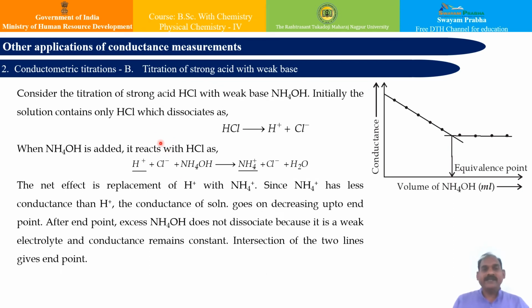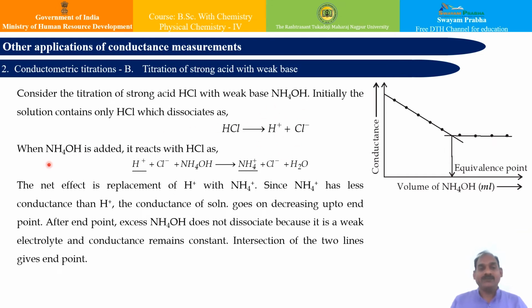Now, secondly, the next type of titration is the titration of a strong acid with a weak base. The acid is strong, but the titrant we are using is a weak base. So consider the strong acid HCl and the weak base ammonium hydroxide. Initially, the solution contains only HCl, which dissociates giving H+ plus Cl-, so the conductance is because of these H+ ions.